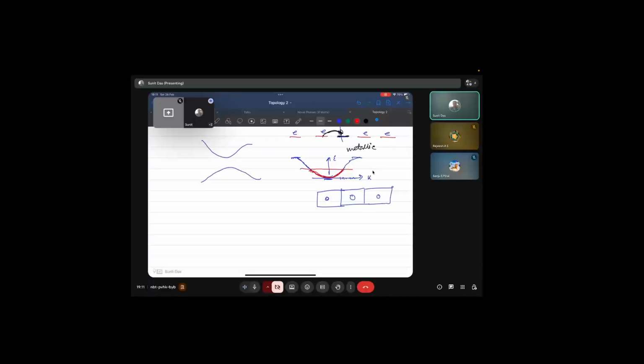Now even if it is half filled, let's say, there are an equal number of states here which are not filled, okay? Now if we apply an electric field, then there are available states, electrons can go to the higher energy and then they can conduct electricity. So this is essentially metallic, okay?